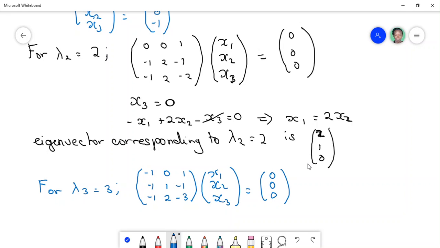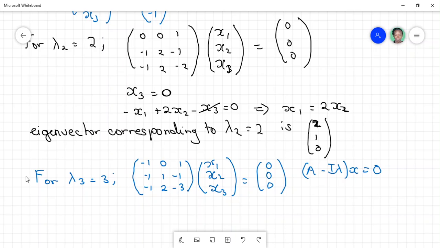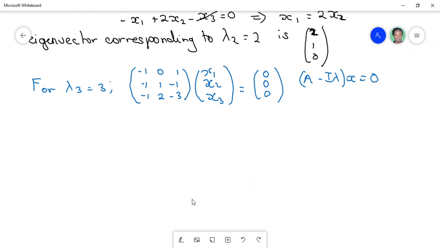Don't forget we are still using (A minus I lambda) x to be equal to 0. Okay, so let's multiply.